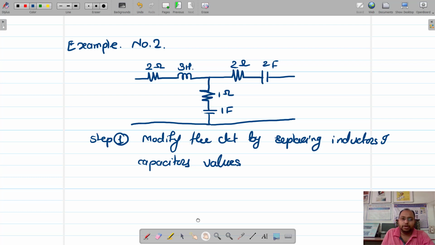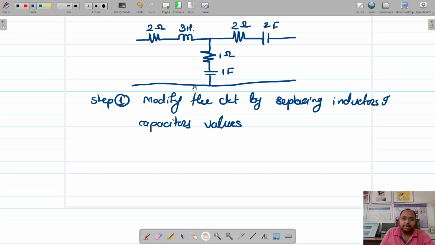So what we are going to do? Remember that over here we are going to write it as 3s. Over here it will be replaced as 1 by s. Here it will be replaced by 1 by 2s. Remember this one, right? I hope we had a discussion about this. Fine, great.